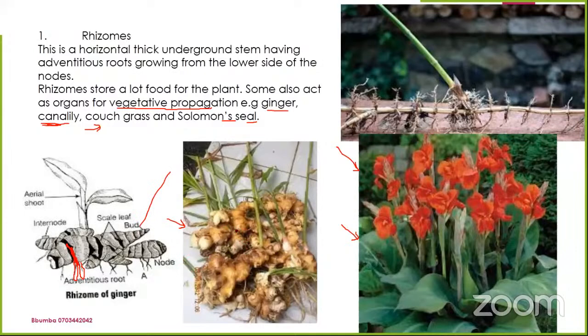This is how they all look, but I did not bring the picture of its underground stem. I just brought this upper part, the leaves and these flowers for identity, because these are common flowers in people's compounds. But in case you have such a plant in your home, you can dig down. When you dig in the soil, you'll be able to see it.